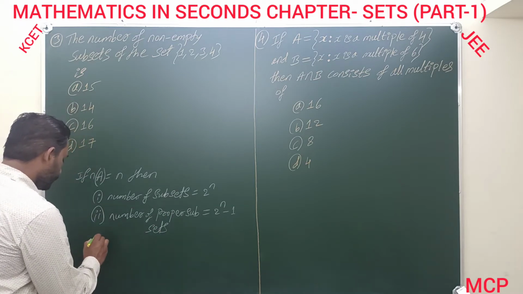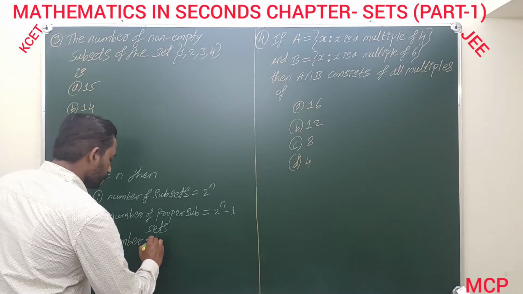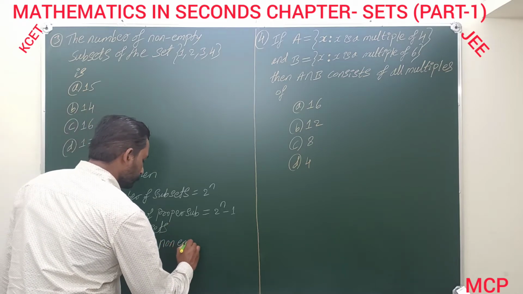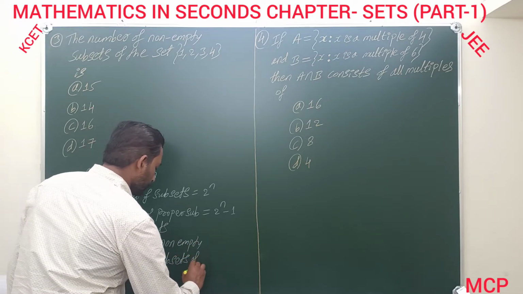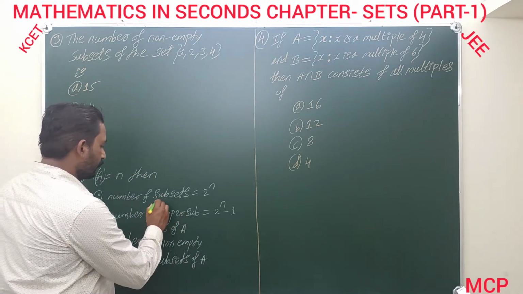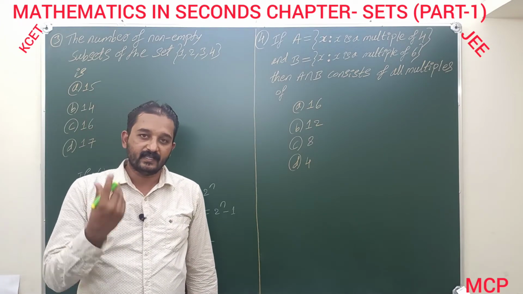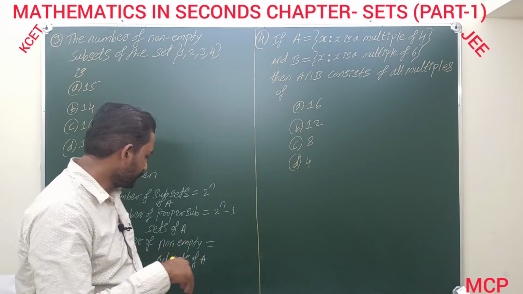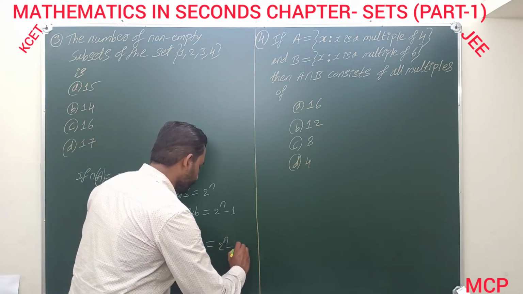Number of non-empty subsets of A. There is only one empty subset: if we consider any set, there is only one empty set, so the remaining all are non-empty subsets. Hence the number of non-empty subsets of A is again 2 to power n minus 1.